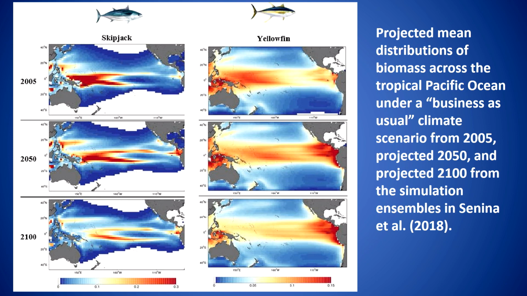The Northern Mariana Islands could expect a 48% increase in skipjack biomass within the U.S. exclusive economic zone by 2050. American Samoa could expect a 42% and 62% increase in skipjack biomass within its EEZ by 2050 and 2100.